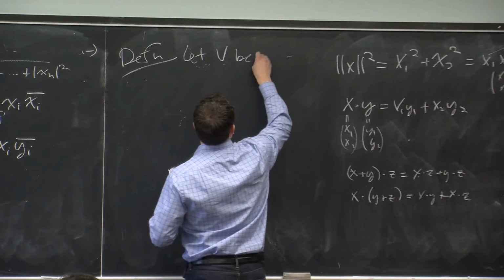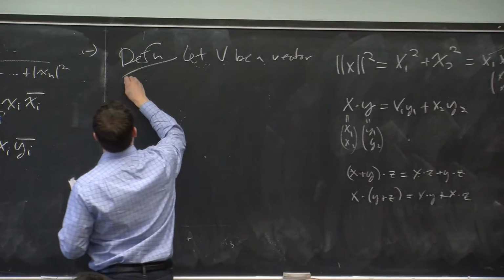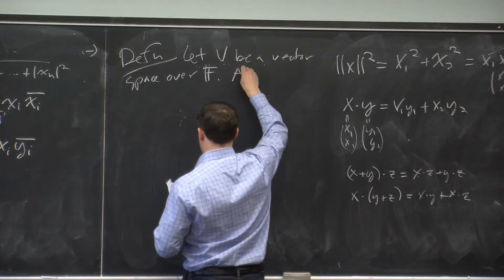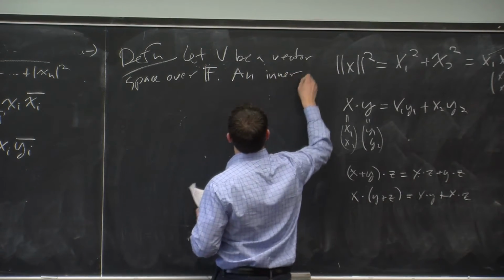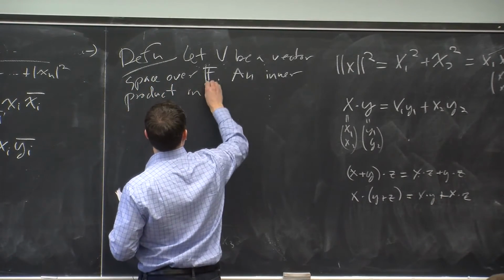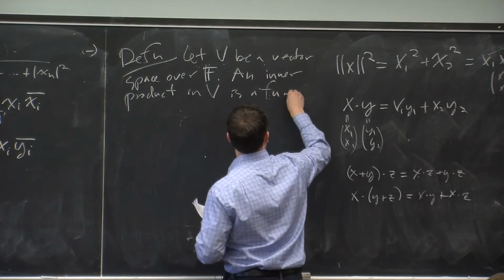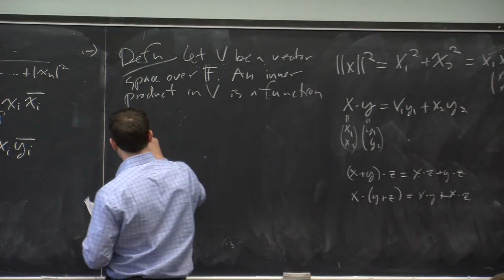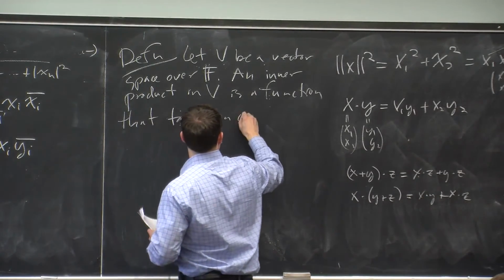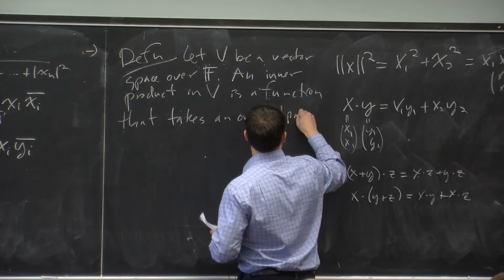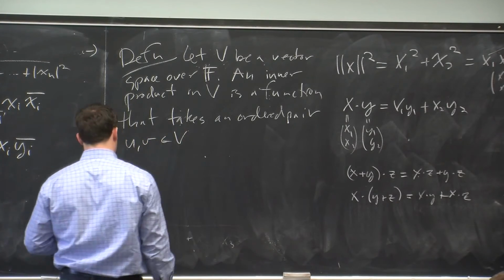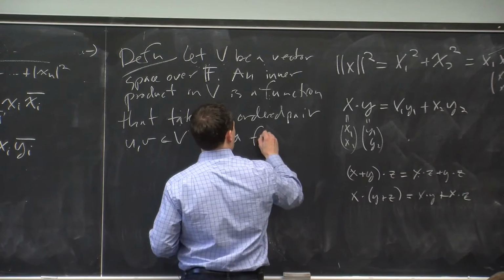Let V be a vector space over F. An inner product on V is a function that takes an ordered pair of vectors in V to a field element.